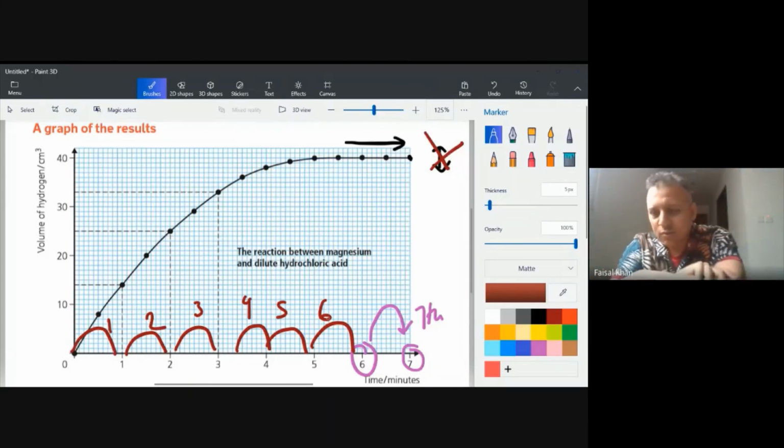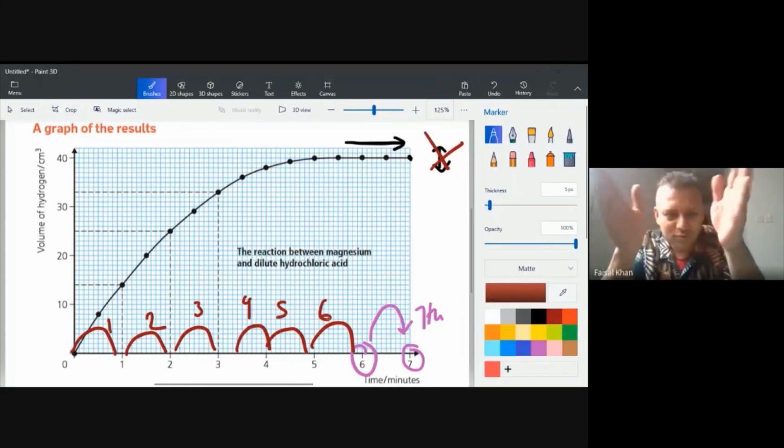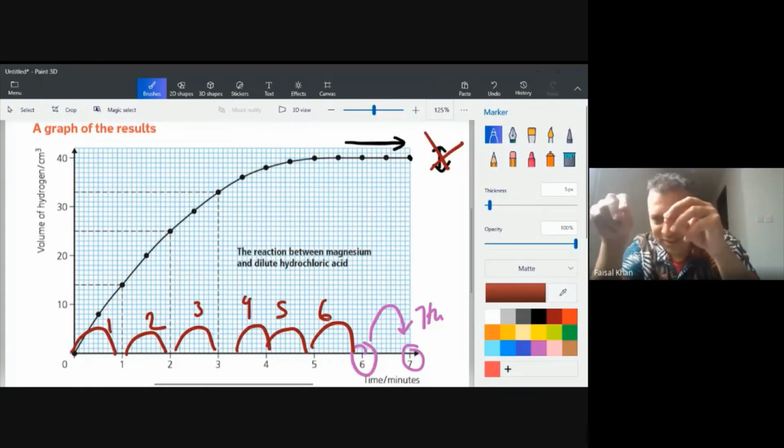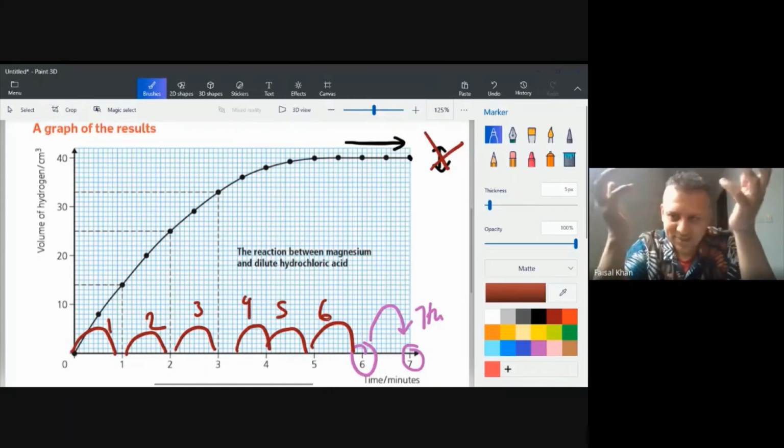We can't see the actual reaction taking place, but what we can do as chemists is make observations to determine what is actually happening. Within that actual minute, or 30 seconds, you might have points where it's faster in the first 10 seconds than the third 10 seconds.